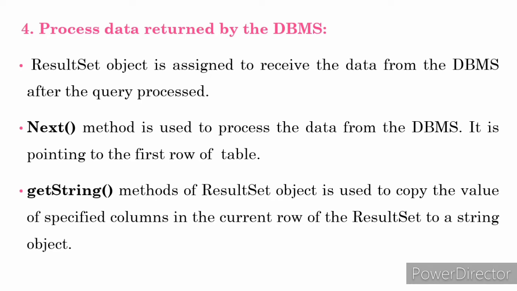It means suppose one column is there, we need to get that column's result. For example, the column names in a student database are student name, USN, like that. The first column will always be the student name. To get that data we will use the getString method. How to do that, we will see here.